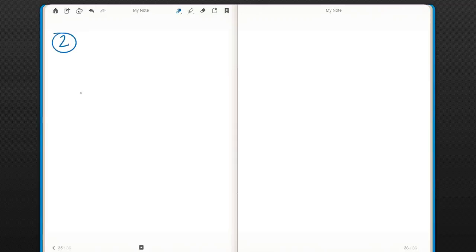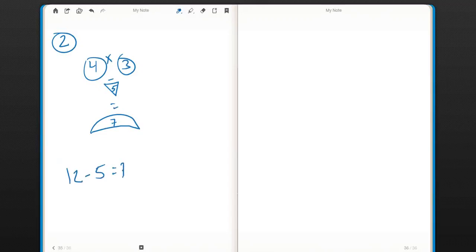Number 2, the pattern that they're doing is they have the numbers in the circles and the number in the triangle, and in the, we'll call that an upside down smiley face, there's another number. What you find is if you multiply the 3 times 4 and you subtract the 5, it equals 7. 12 minus 5 is 7.